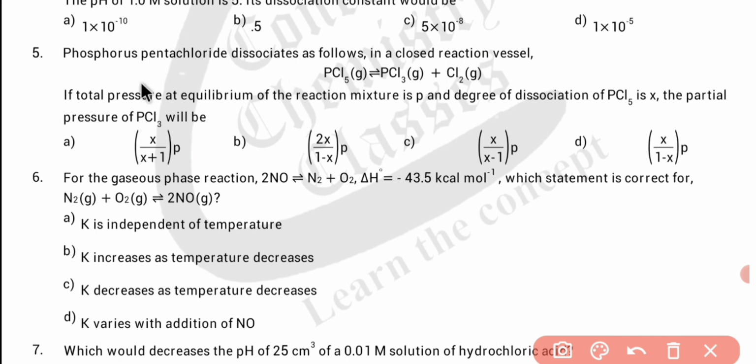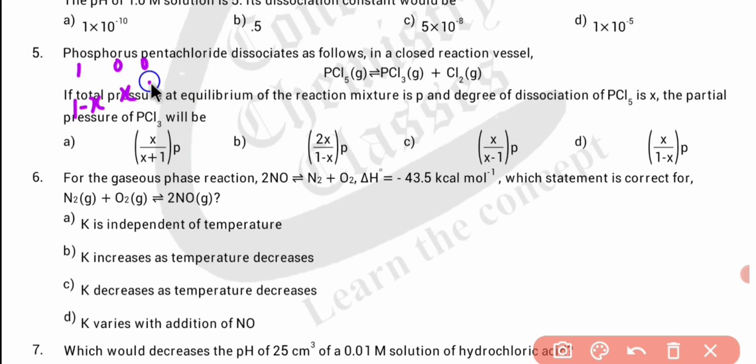For this question, let me write like this. PCl5 initially has, suppose, 1 mole. Then PCl3 and Cl2 will have 0 mole. Now at equilibrium, suppose x mole of PCl5 has been dissociated, so we will get PCl3 at equilibrium as x.